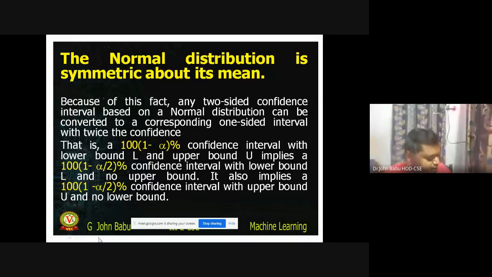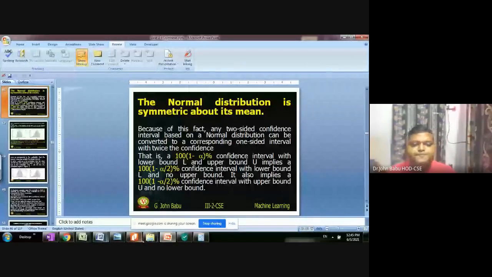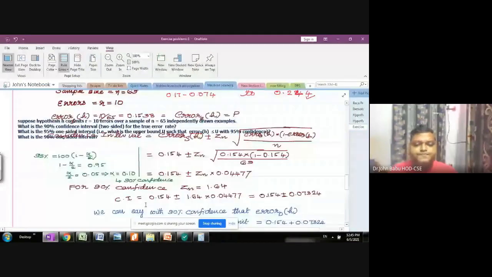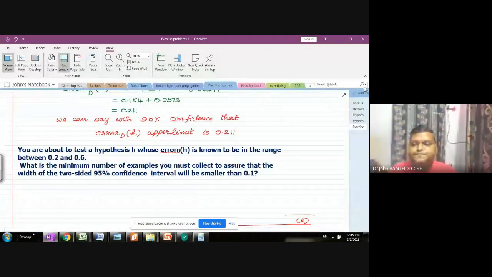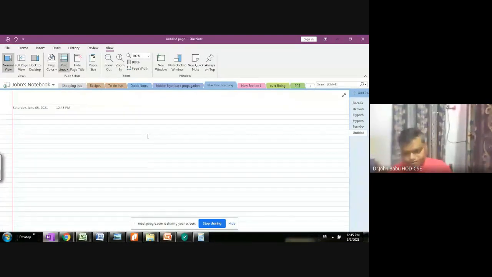For example, if the confidence is 90, what is the significance?